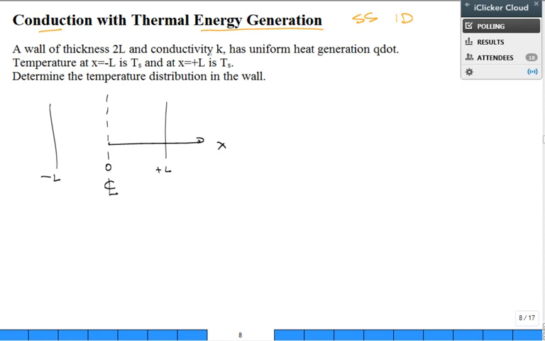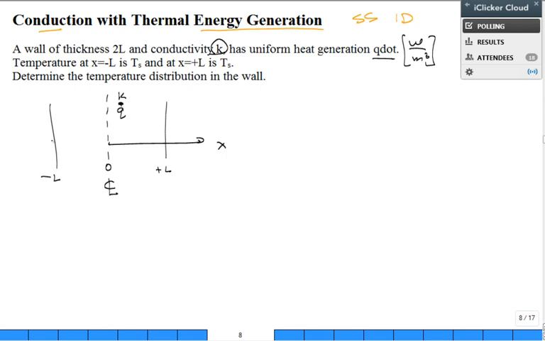You have the material of thermal conductivity k, and it has uniform heat generation, so it has a k and a q dot. Now that q dot is watts per meter cubed. That's our volumetric heat generation. How did it come about? It just came about. Electrical, chemical, nuclear, something liberating and transforming into our energy balance.